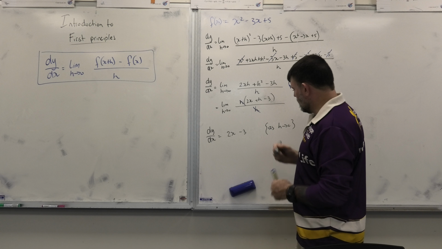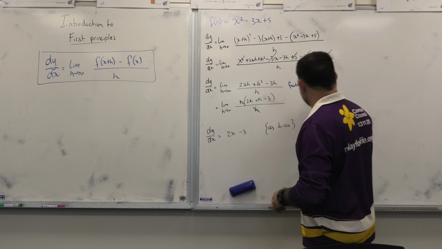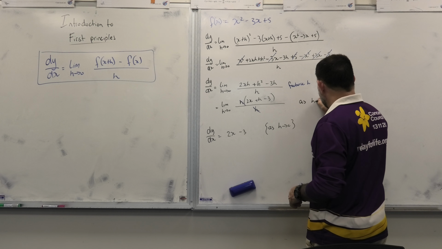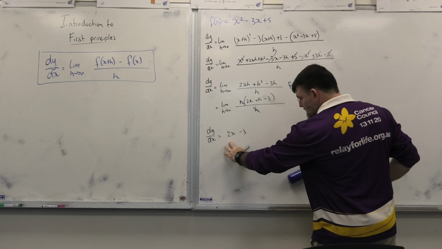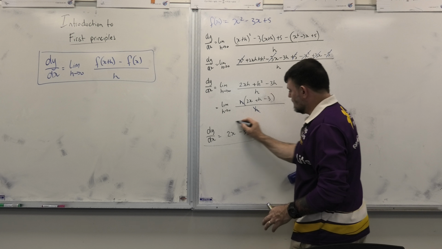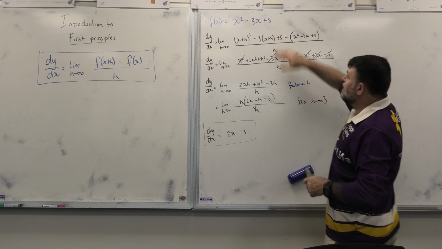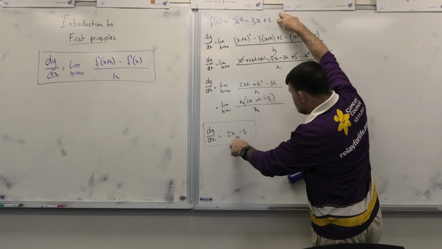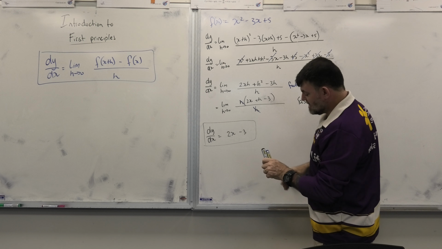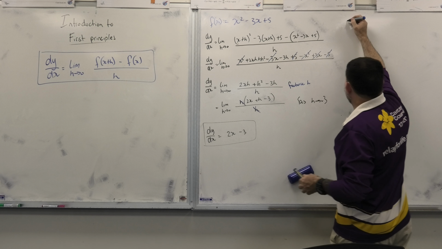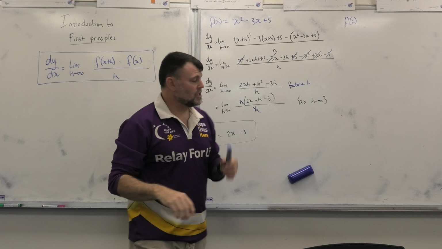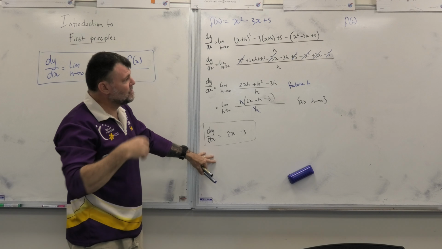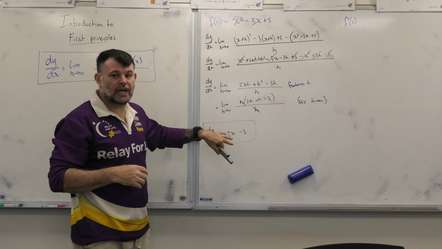So we then have our final answer. As h is 0, dy dx is this. So this is our gradient. We started off with this, we end up with this. Now, this here is a general part, this here is the instantaneous rate of change.